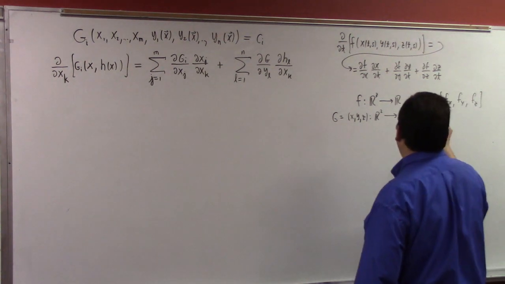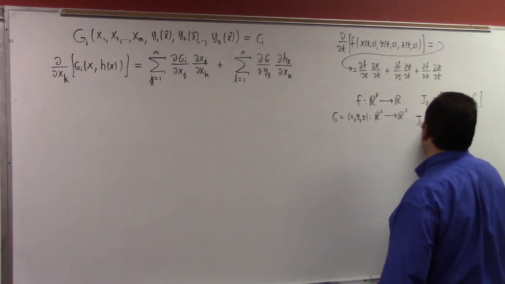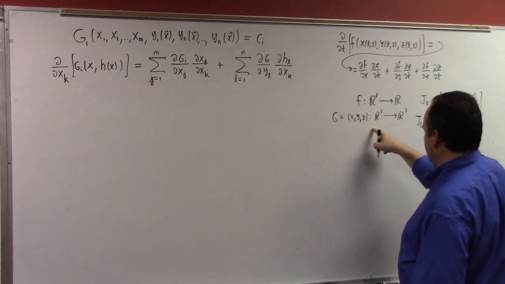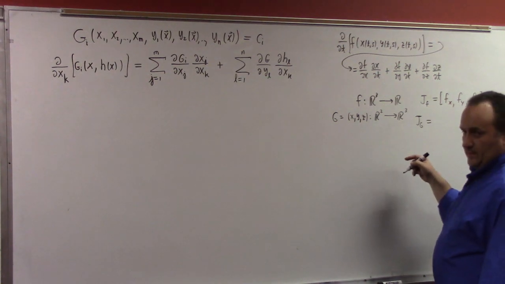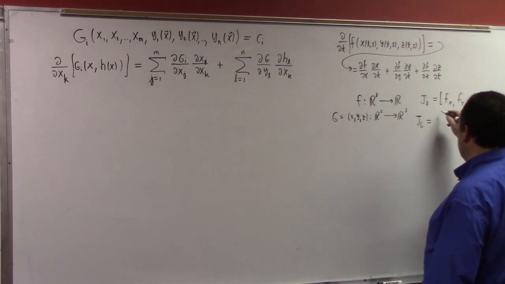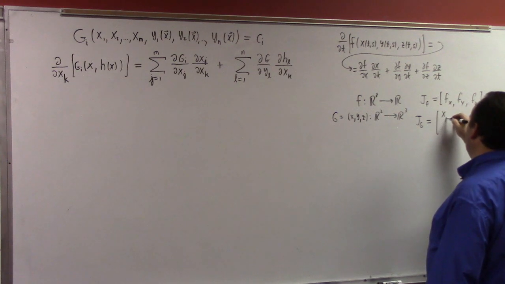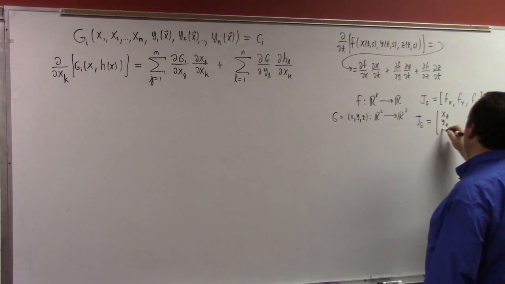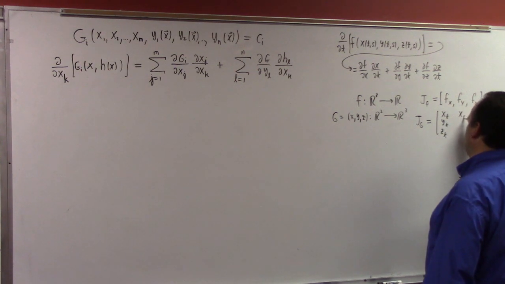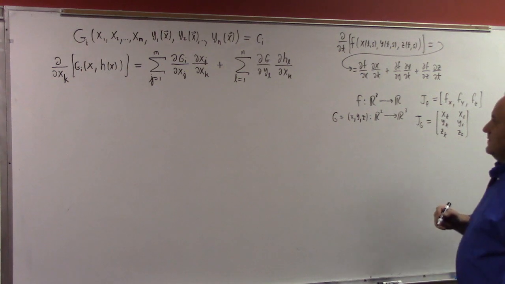And the Jacobian of g is actually a 3 by 2 matrix: xt, yt, zt, xs, ys, zs in my current notation.